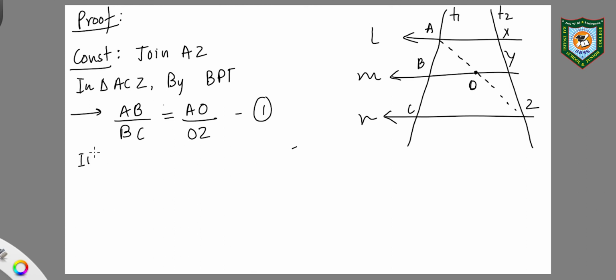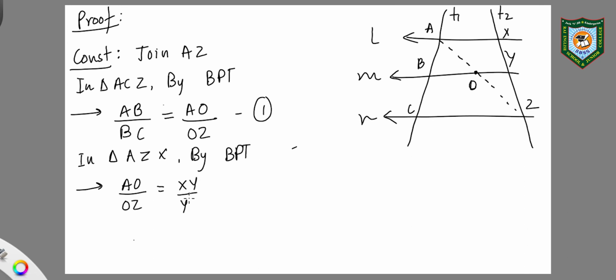And in triangle AZX, again I'll apply BPT. I'll get AO divided by OZ is equal to XY divided by YZ. This is my equation number 2.